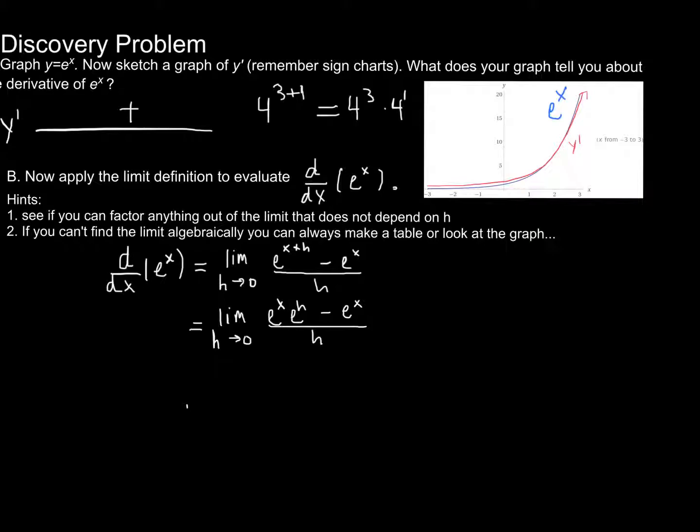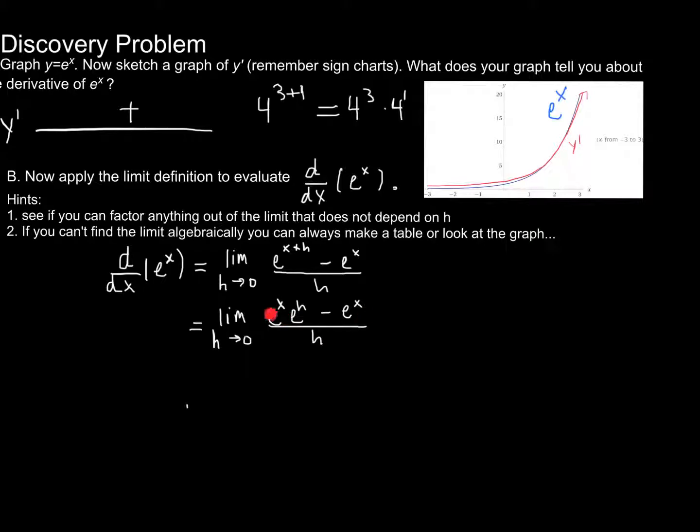Well, now think about one of the hints: that if you can factor anything out of the limit that does not actually depend on h, so it will never actually change as h approaches 0, what's never going to change? Well, e to the x, notice, doesn't depend on h at all. It just depends on x. So if we can factor out this e to the x, we'll only have something that depends on h.